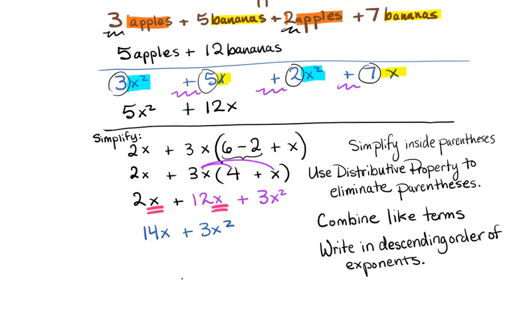So we would write it as 3x squared, because the exponent on the 3x squared is higher than on the 14x. The understood but not visible exponent on the 14x is a 1. And we're done. So this is the basic idea of simplifying an expression or combining like terms.